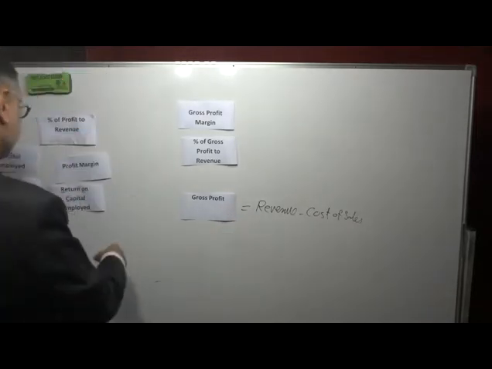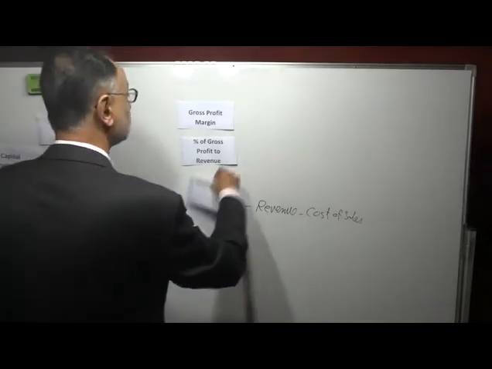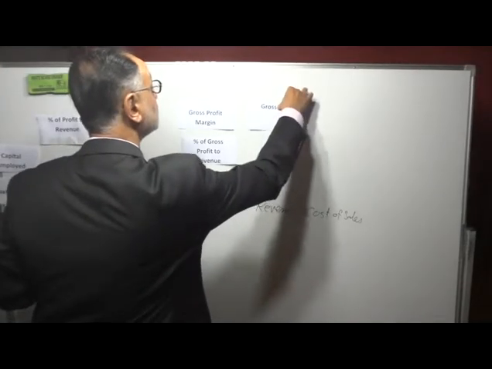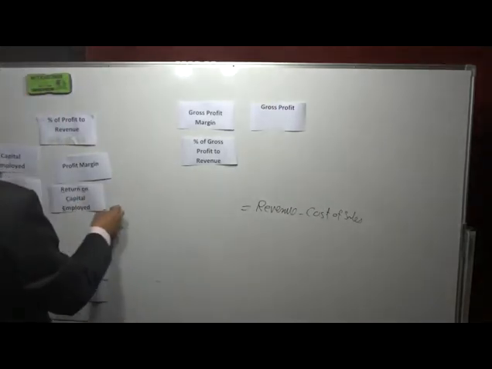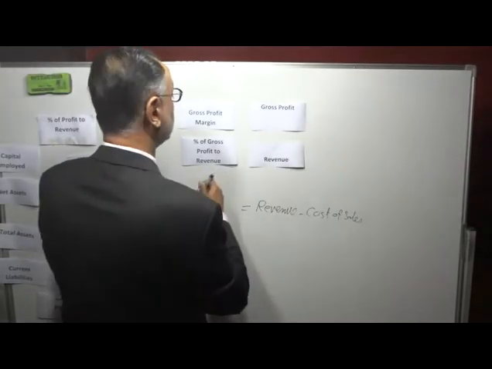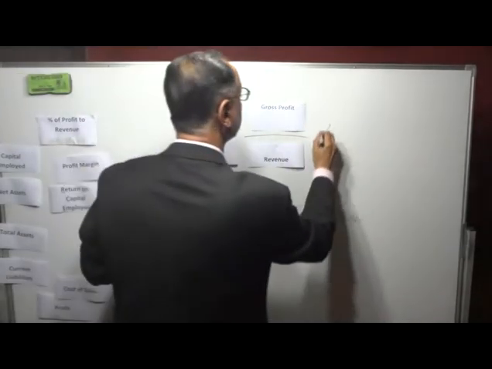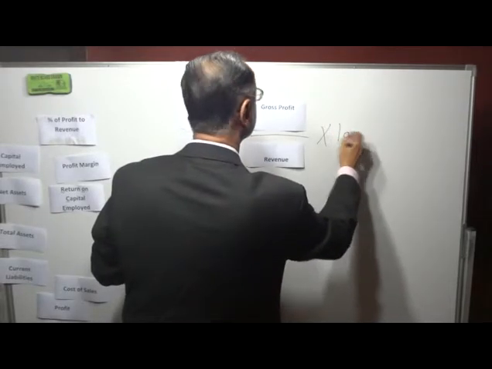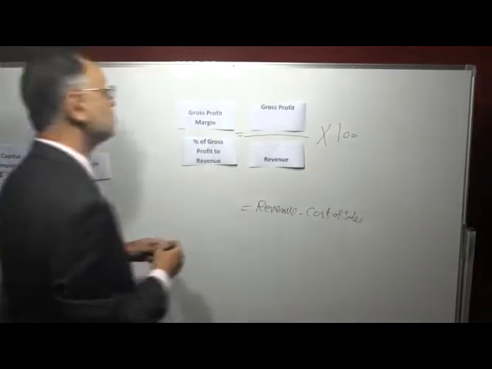Then we take the gross profit itself and divide it by revenue, multiplied by 100. This is the gross profit margin.